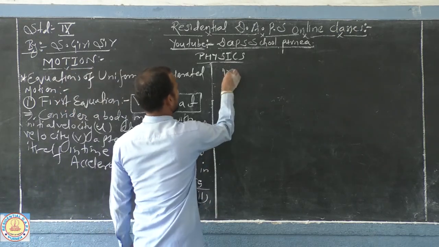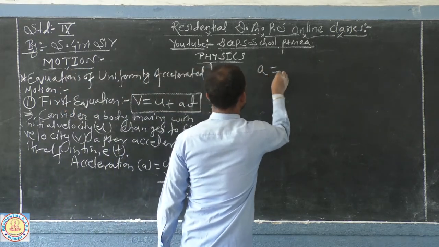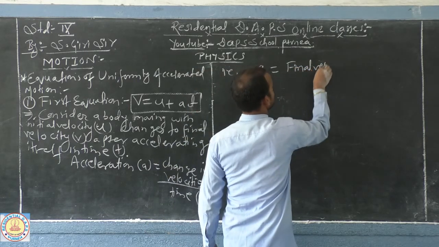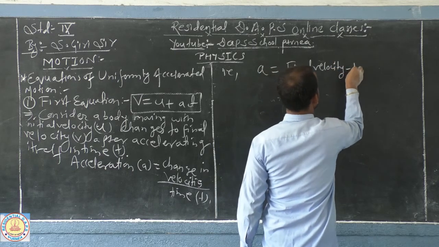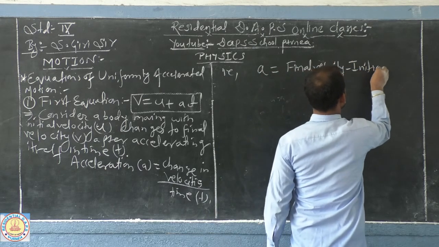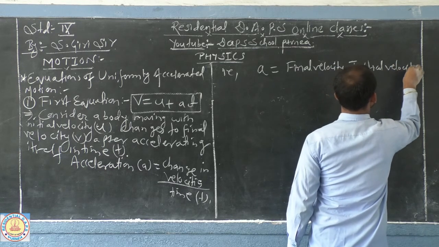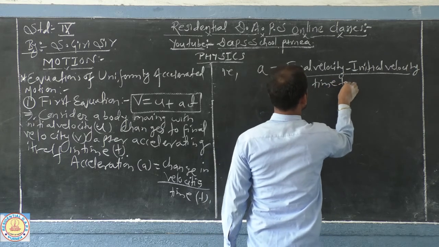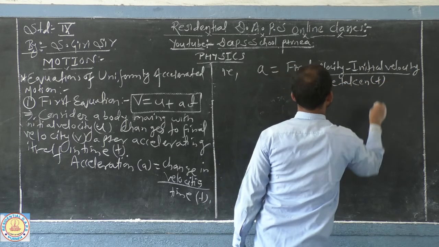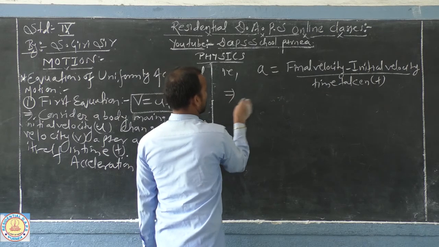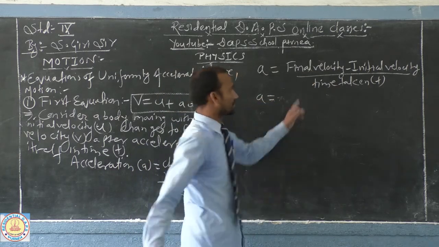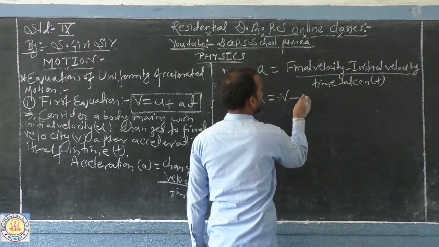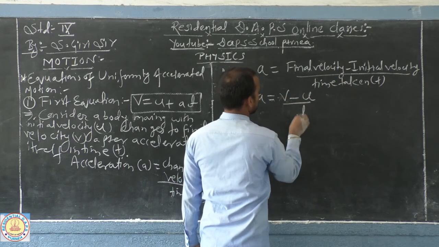Change in velocity means you have to write final velocity minus initial velocity, divided by the time taken t. So you get a equal to (v minus u) by t, where v is the symbol for the final velocity, u for the initial velocity, and t for the time.